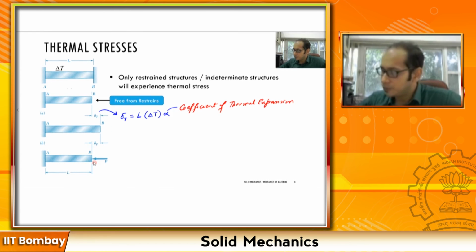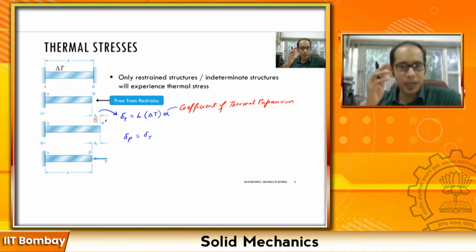For clarity, I mark this point as B prime. Now I'm moving B prime back to B with this deformation delta P, which is nothing other than this delta T, because you're pushing it back by the same amount. So delta P must equal this delta T.